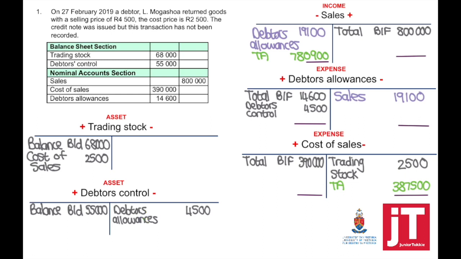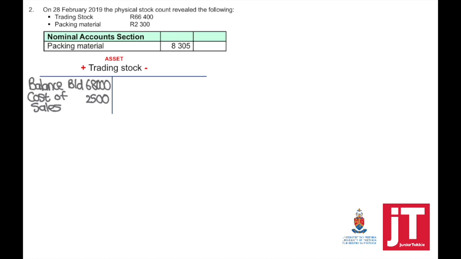With trading stock, we need to calculate a surplus or a deficit, so we need to make sure that we record all the transactions related to trading stock. So the second adjustment says on 28th February 2019, the physical stock count revealed the following.